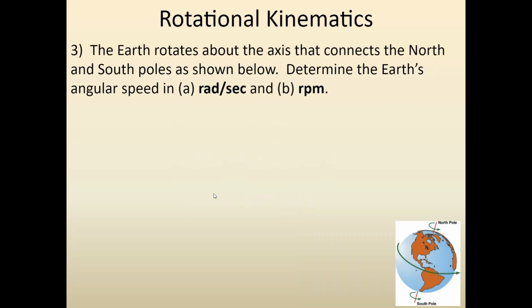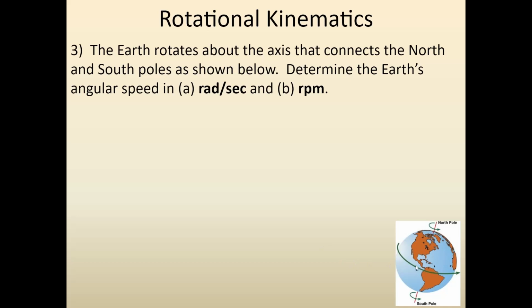All right, and here's the next one. Pause video, work yourself, and we'll go over in a second. All right. So this is almost a continuation of the question that we did before. For the Earth's angular speed, to figure out what the angular speed is in radians per second, we have to think about what is the angular displacement and what is the time?